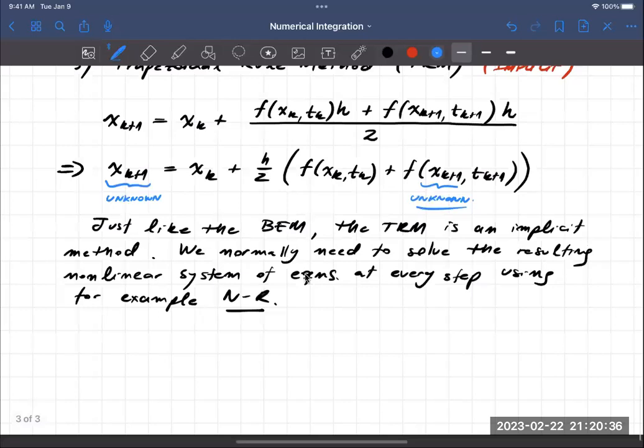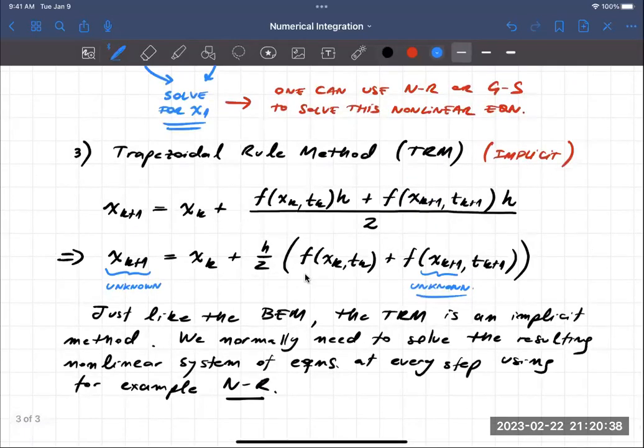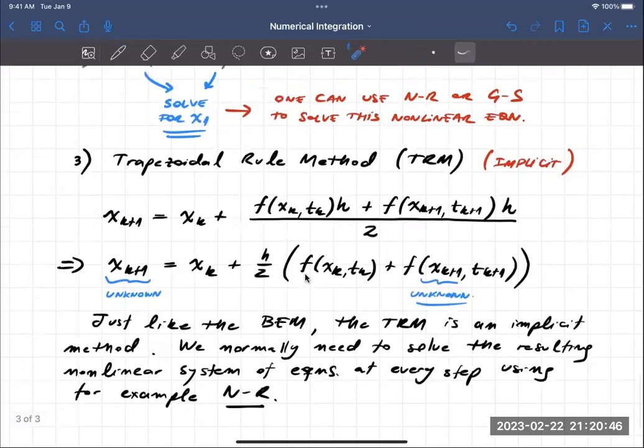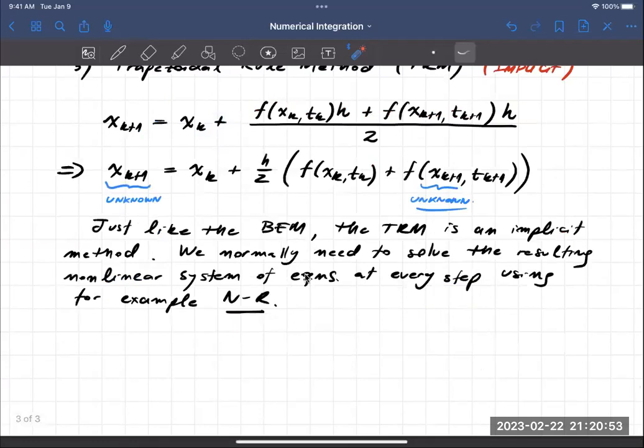So that's pretty much what we want to cover this class. And next class, we're going to talk about some examples. So we're going to start with the example from the lecture notes, example 4.1.